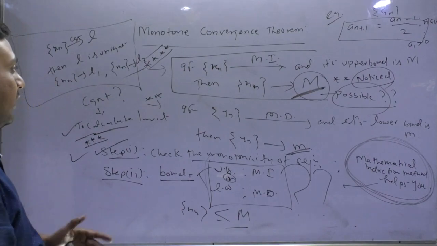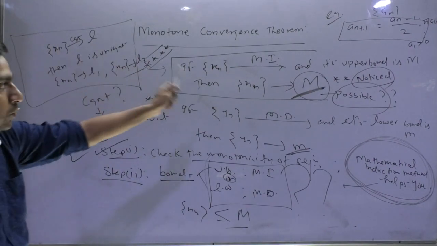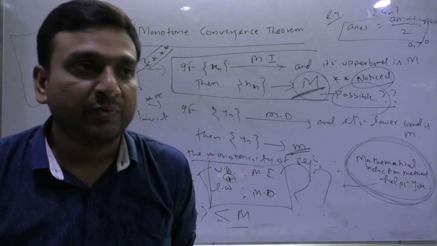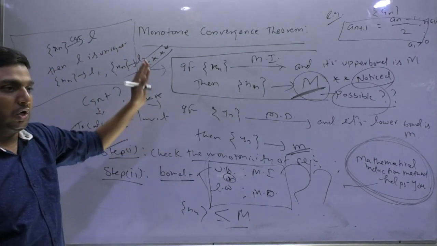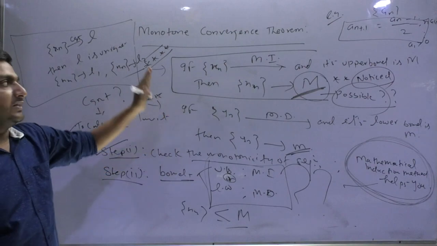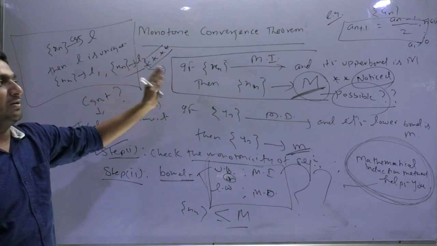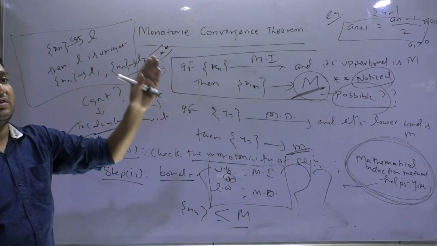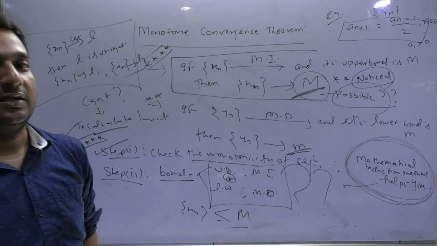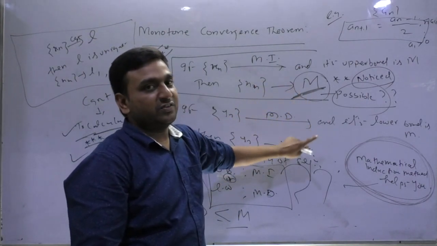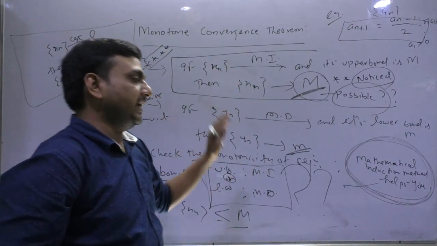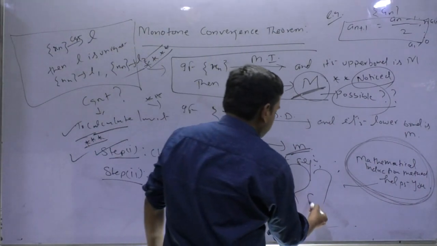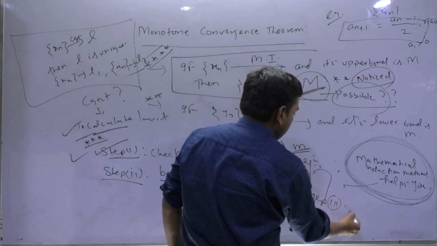So when we use this monotone convergence theorem, if I am able to check that this sequence is monotonic and bounded, then by the monotone convergence theorem we say that this sequence will be convergent. These bounds may or may not be the limit of the sequence.